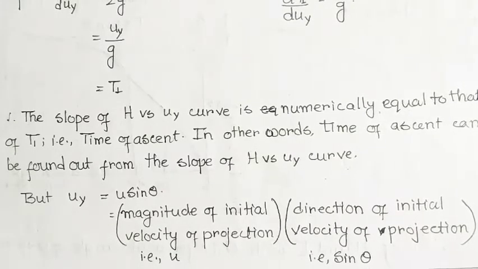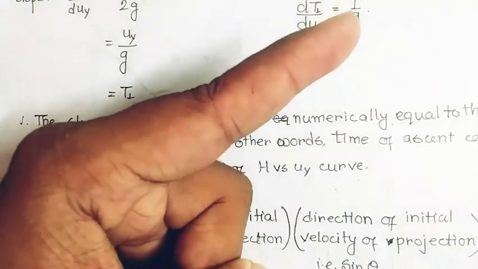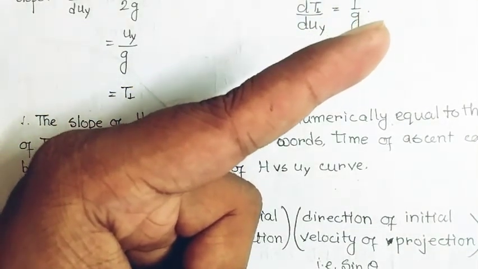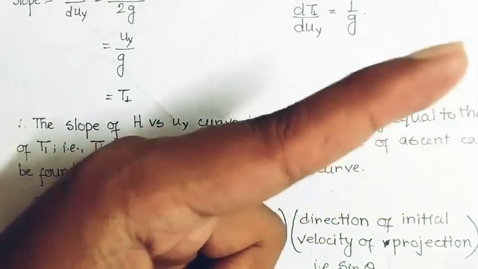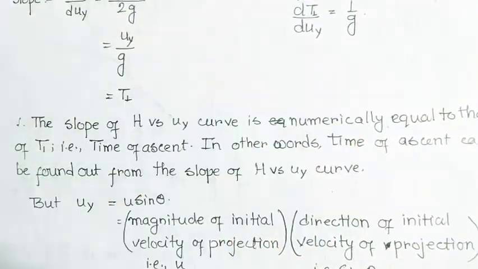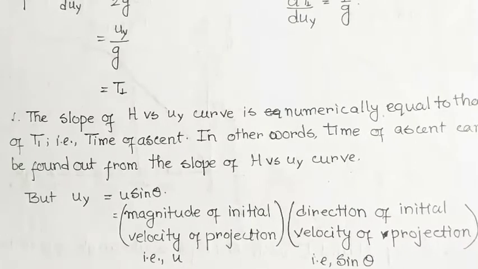If I change sin theta, that is, if I vary the angle of projection, the direction of projection, just like at first I try to throw it in that direction and after that change the direction, or maybe use a greater velocity, I can change uy, or by changing both u and sin theta you can change uy.